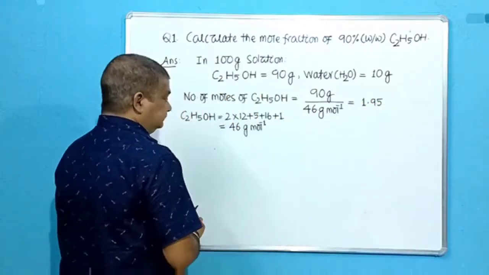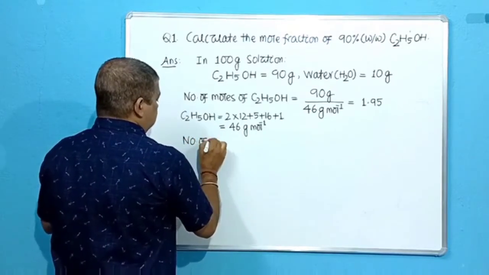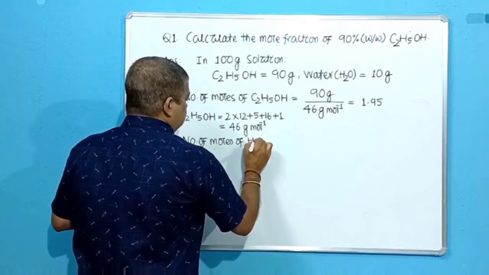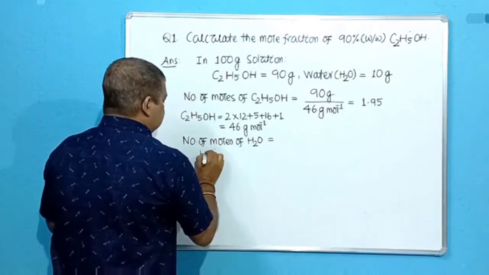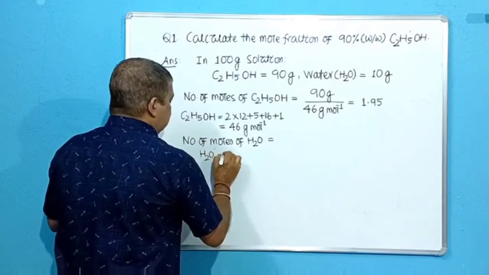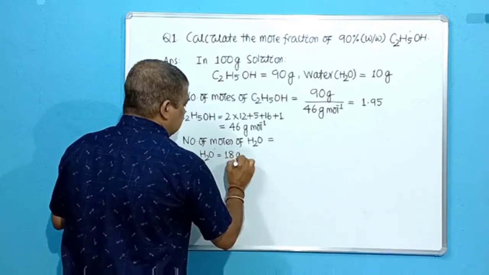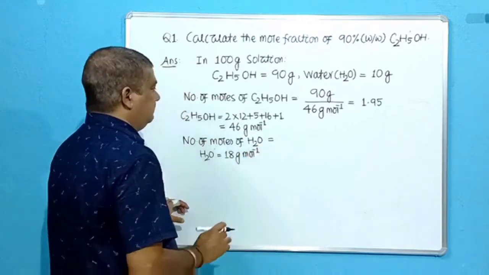Okay. Then the number of moles of water. Same formula. Water, H2O, the molar mass will be 2 plus 16, that is 18 gram per mole. Okay.